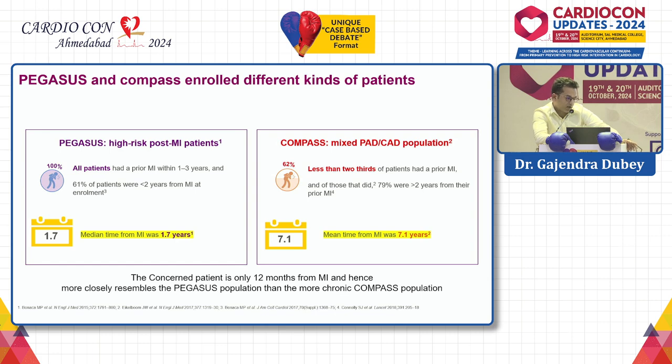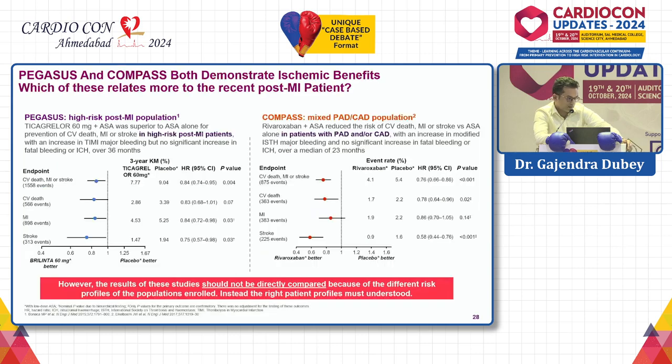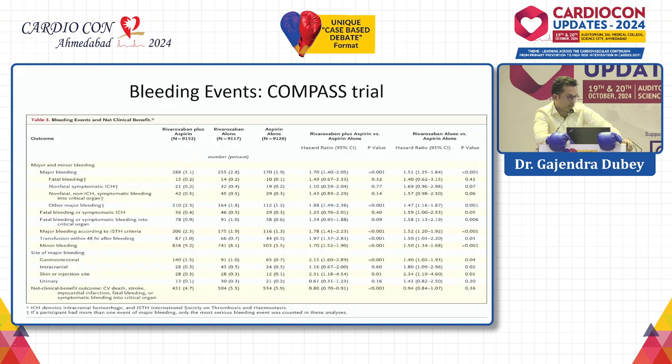Mean time from MI to enrollment in this trial was 7.1 years. So both trials did show benefits, but our patient more closely resembles the Pegasus trial patient, so probably ticagrelor seems to be the more logical option.